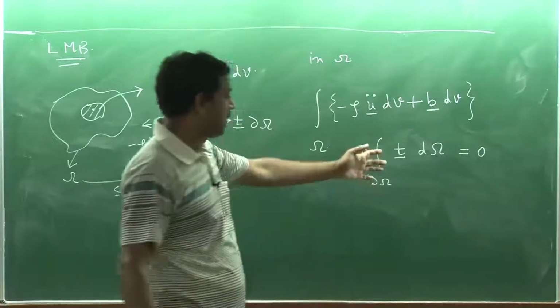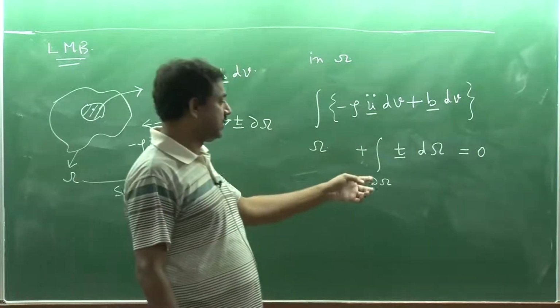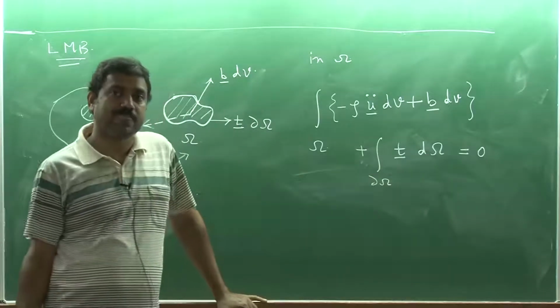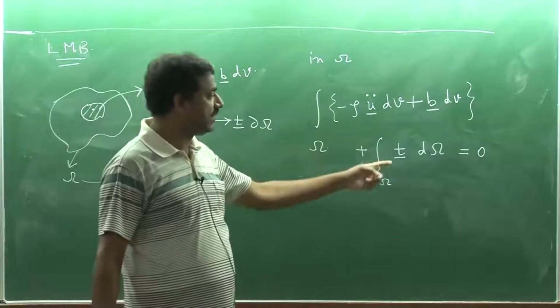Am I right? This last one is over the surface, because this is the traction vector, and this is the body forces.